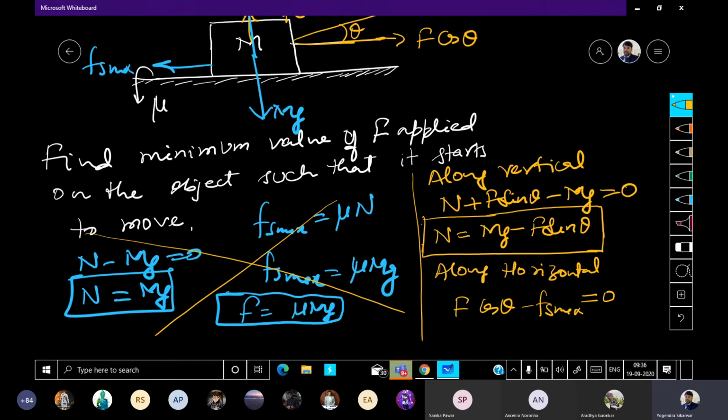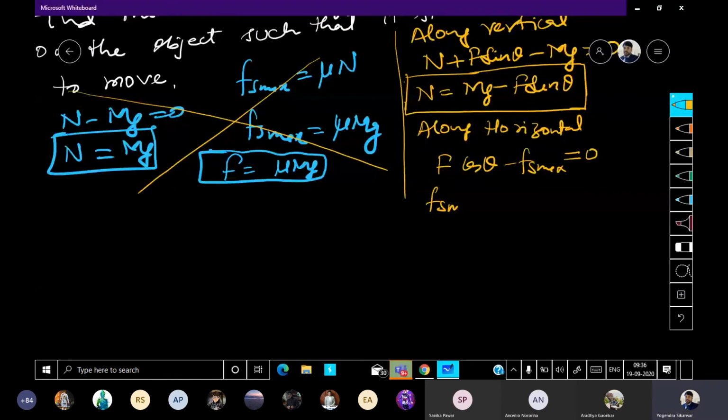Now how much will be fs max? So fs max will be nothing but mu N. So fs max comes out to be mu times mg minus F sin theta.